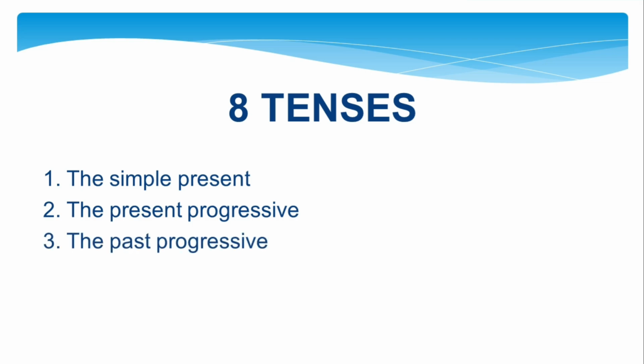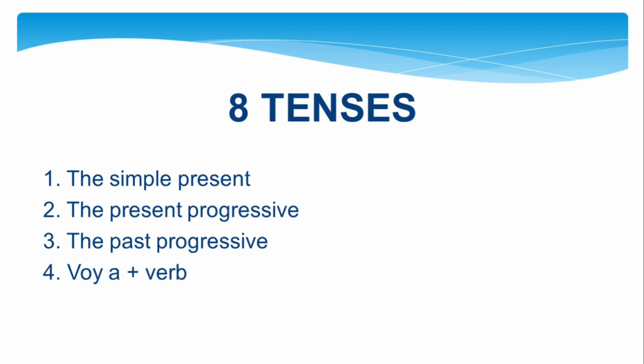Number 3, the past progressive. You follow the same pattern of the present progressive, but you use the verb estar in the simple past, estaba. The second verb is going to end in ando or yendo, ing again, actions in progress in the past.